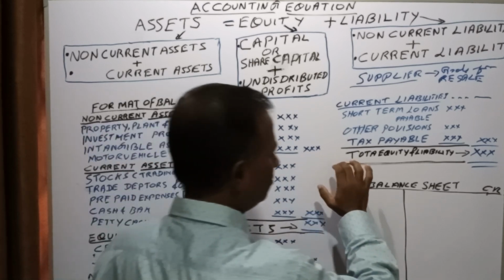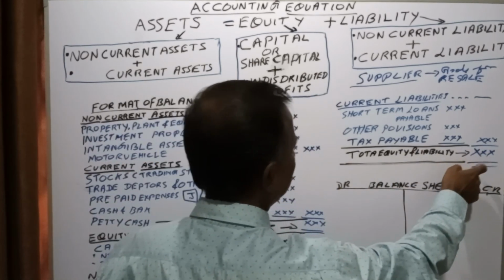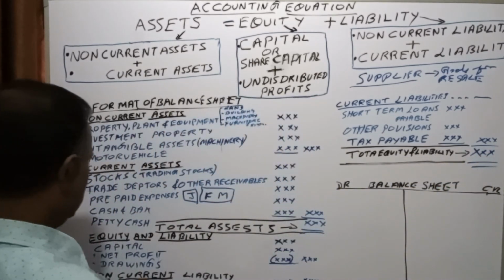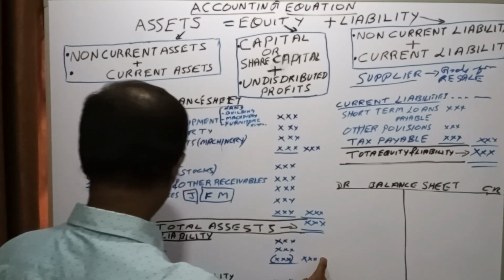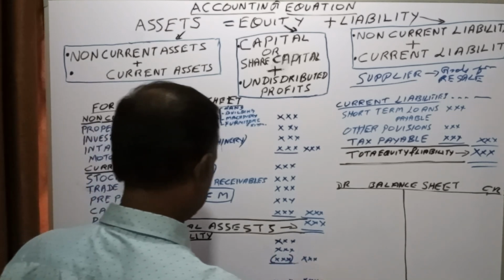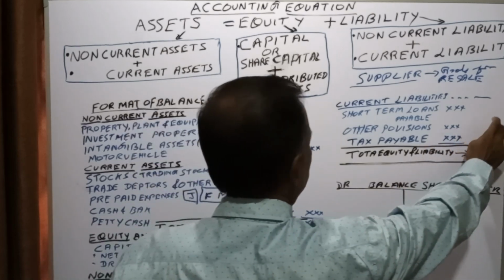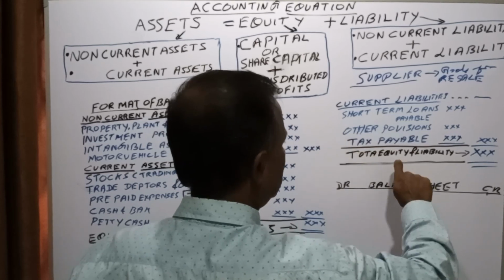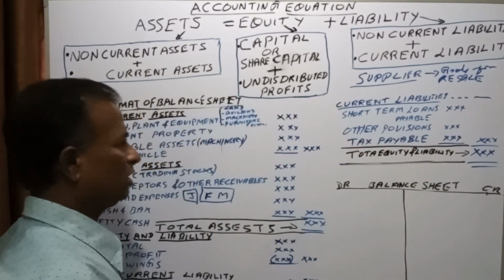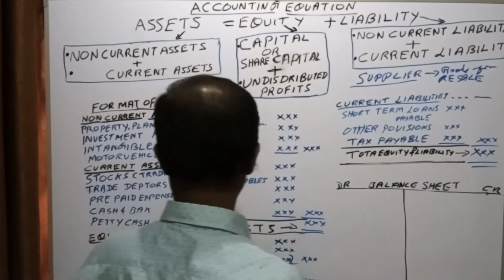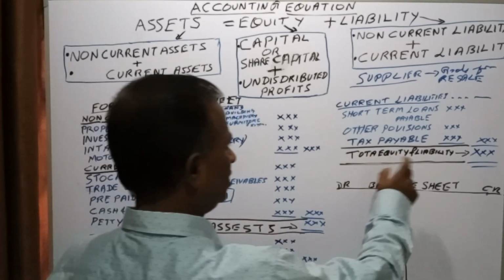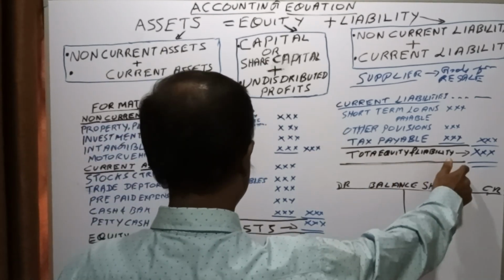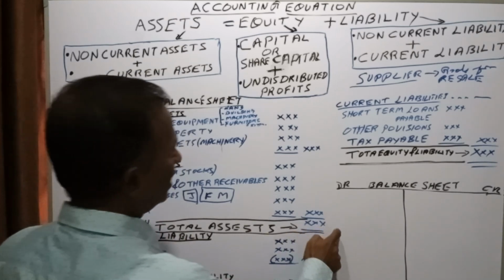Here it will come: total equity and liability. Here the equity total is there, non-current liabilities total is there, current liabilities total is there. If you add those three, you will arrive at the total equity and liability. This total equity and liability should tally with the total assets.